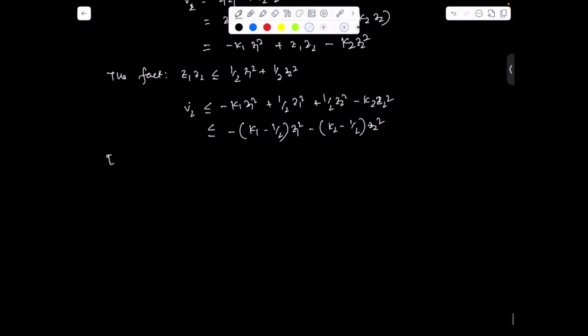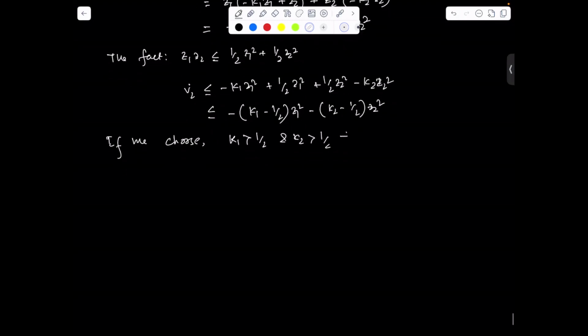And if you choose K1 greater than half and K2 greater than half, it yields the overall asymptotic stability of the overall system.